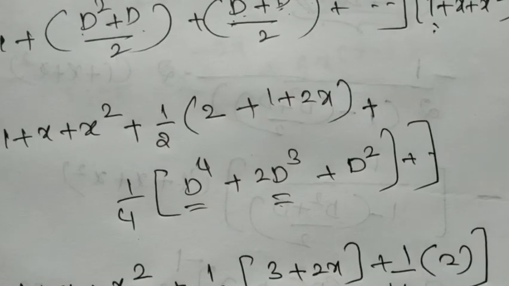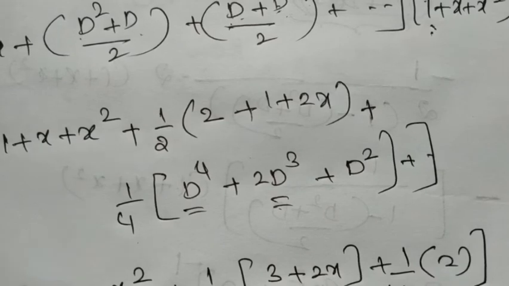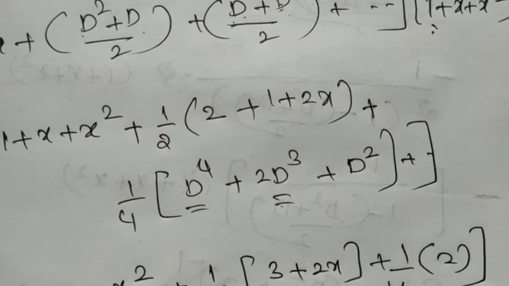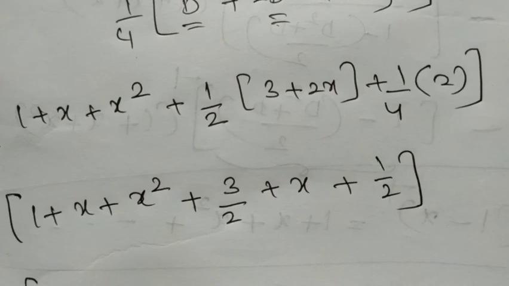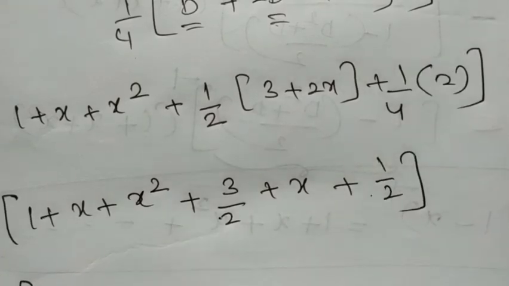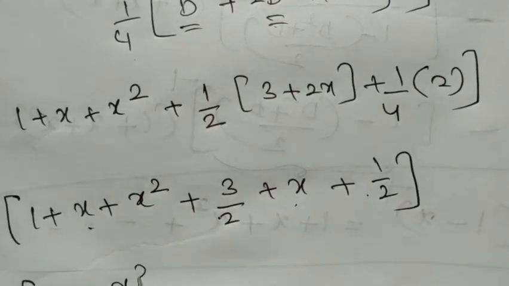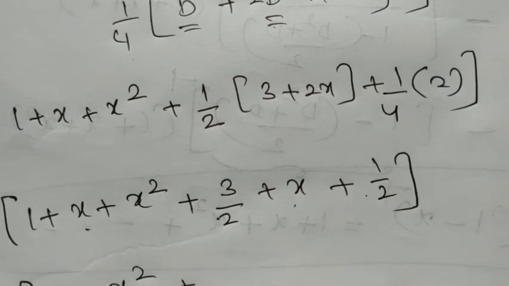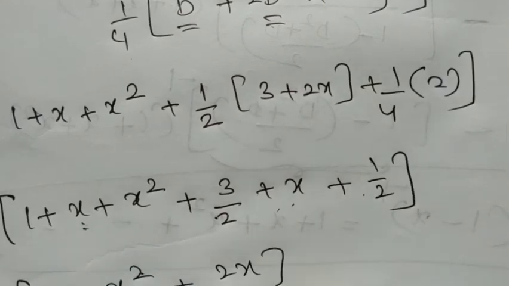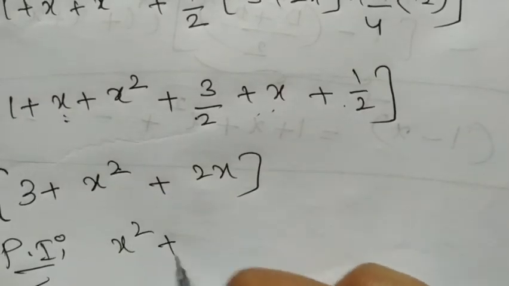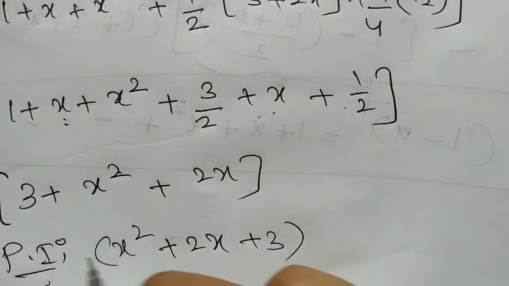So finally minus of 1 plus x square plus 3 by 2 plus x plus 1 by 2. So minus of, so here 3 by 2 plus 1 by 2, that is 2. So 2 plus 1, 3. So 3 plus x square plus x. So therefore final particular integral minus of x square plus 2x plus 3.